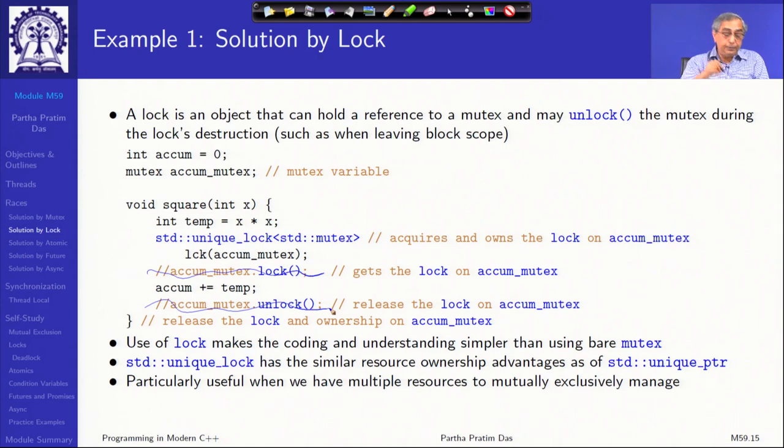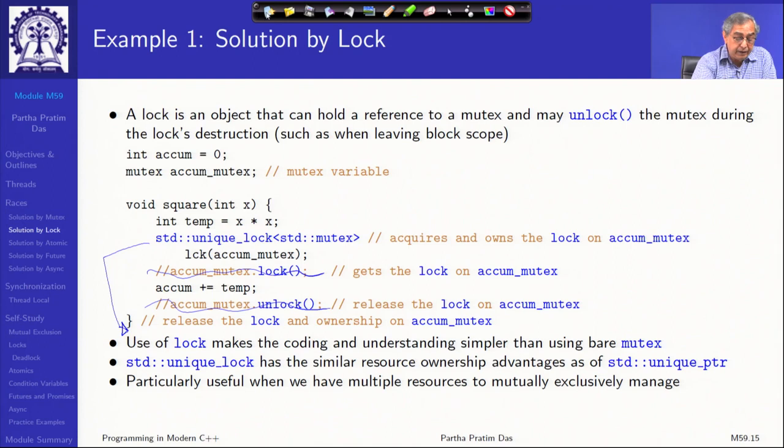When such a lock goes to the end of its scope, the destructor of that object, that is the destructor of lck, will automatically get called. The destructor will actually unlock the mutex object that you have locked, right.